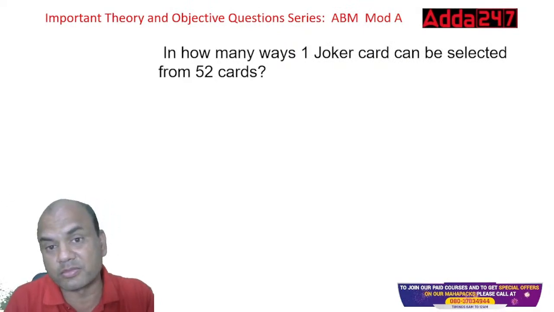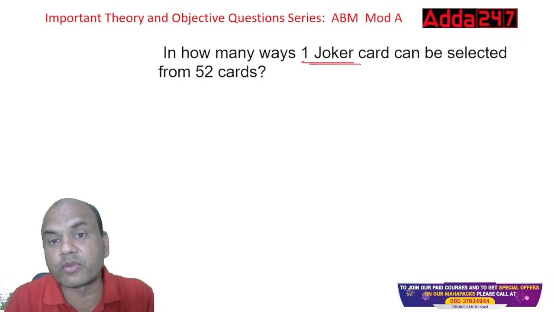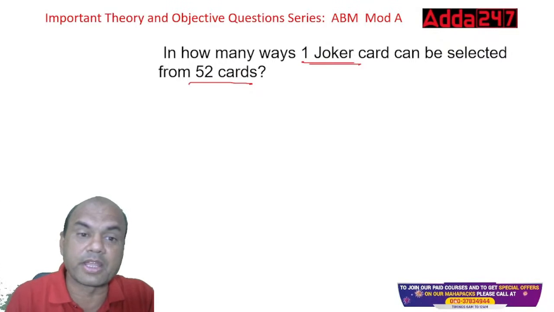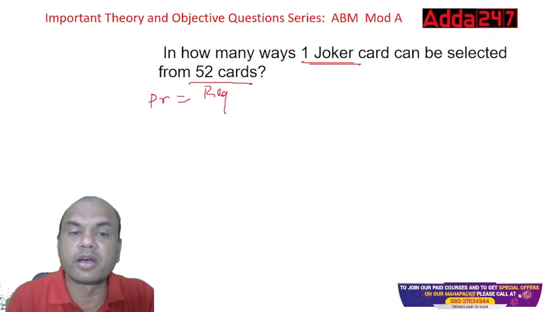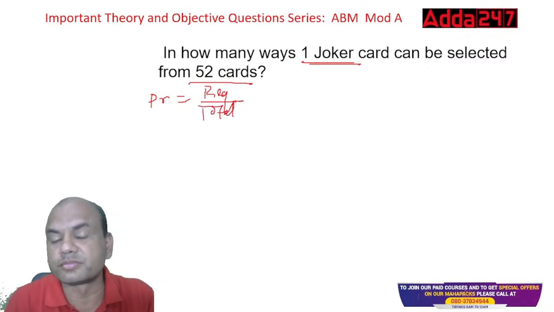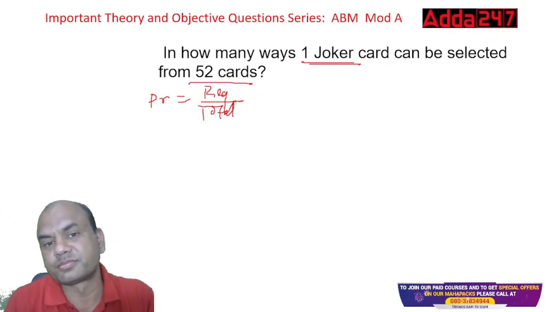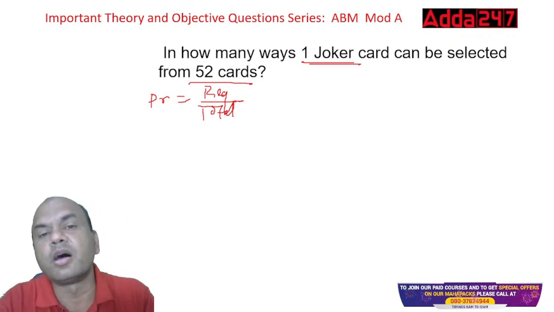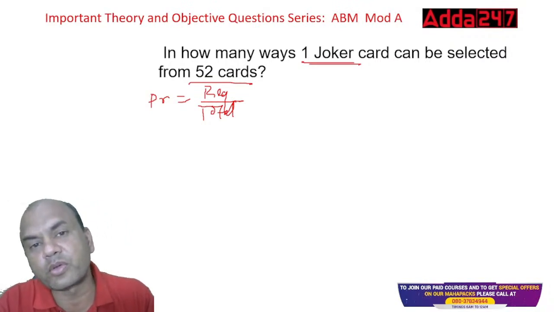In how many ways can one joker be selected from a pack of 52 cards? Again, probability equals required upon total. What is required? One joker. How many jokers are there in the pack of 52 cards? Tell me, type in the comment section.